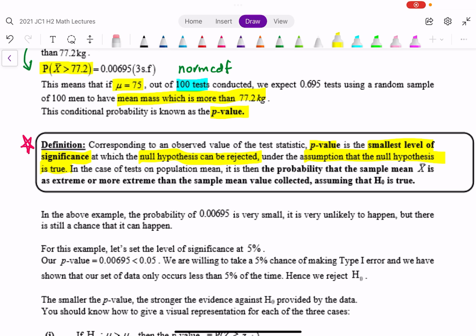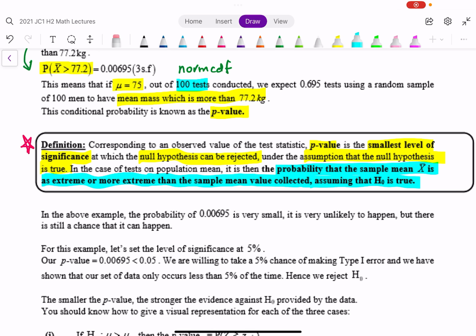Alternatively, you can remember it as the probability that the sample mean is as extreme or more extreme than the sample mean value that was collected, assuming that H0 is true. So over here, we always assume that H0 is true first.